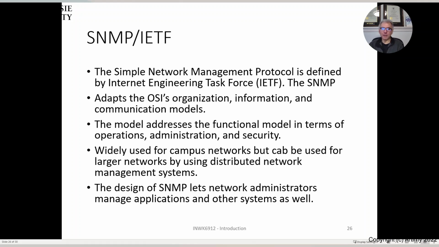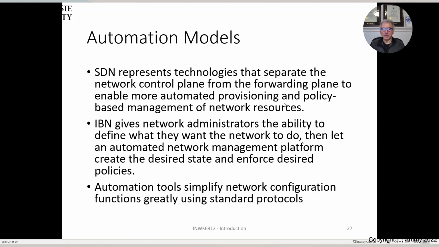And you cannot do real network management without it these days, right? It has some flaws, of course, because it wasn't designed to do everything. So it has some limitations, but it's very important to look into it.